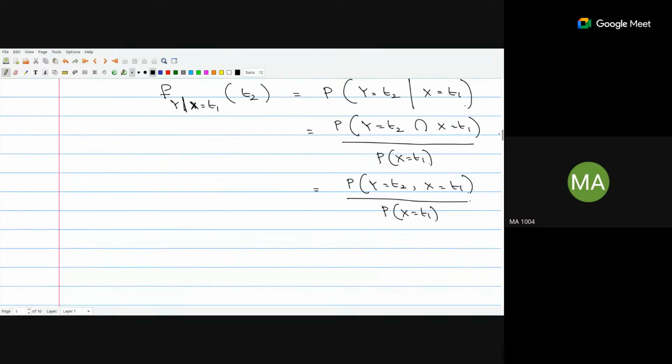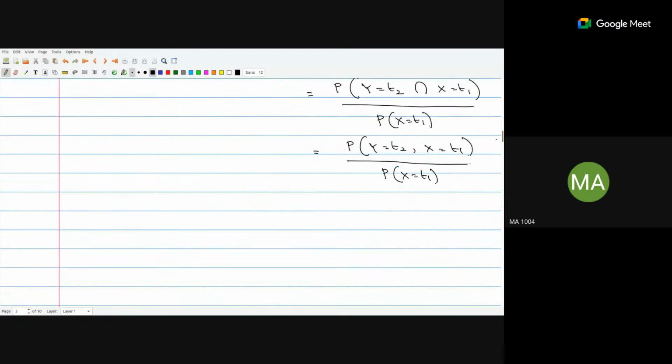So we will be concluding with this main property, or main note, you can say, maybe even a theorem, which gives the connection between the conditional PMF, the joint PMF and the marginal PMF.